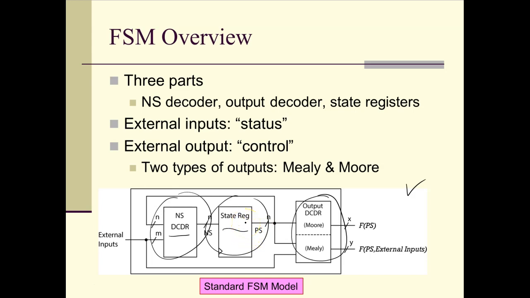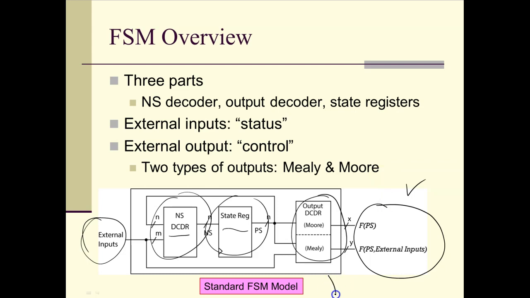You've got external inputs coming into this thing, and the notion is that these are status inputs from other parts of the circuit. The state machine is going to interpret those, do what it needs to do, and then output these external outputs. These external outputs are used to control other parts of the circuit.